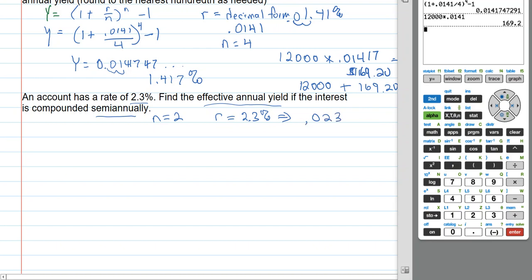So our yield formula says it is 1 plus R over N raised to the N minus 1. And of course, we're going to enter what we have. And our N is 2, semi-annual, to the 2 minus 1.